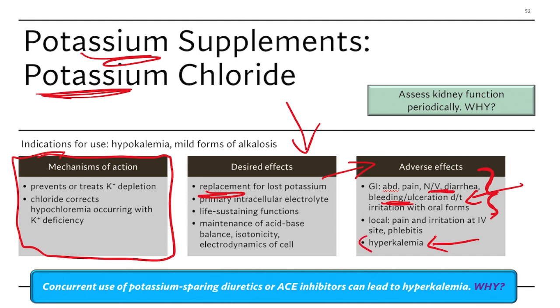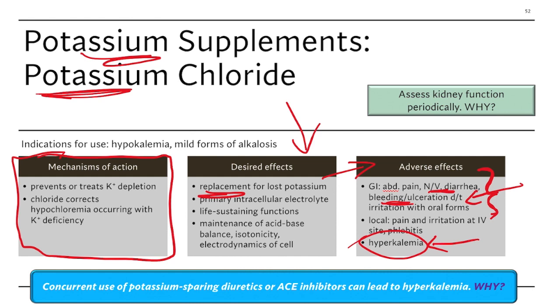So we want to watch that potassium level very, very carefully, as we don't want to cause hyperkalemia by giving a potassium pill. So you will have an order for potassium daily, and you go to give your meds and you see that the patient's potassium is already 5.2. You're going to hold that potassium. You're not going to give it. You're going to hold it, let the physician know, and they can decide what to do from there.